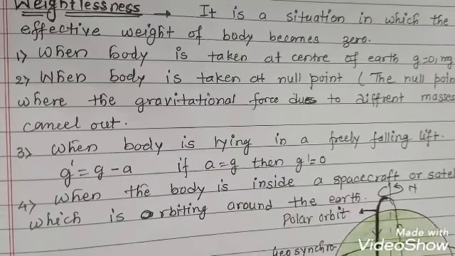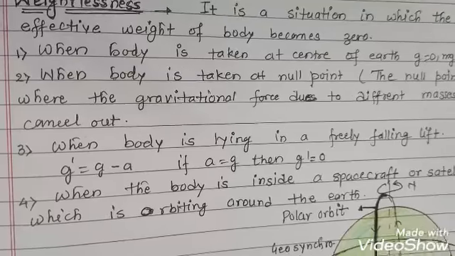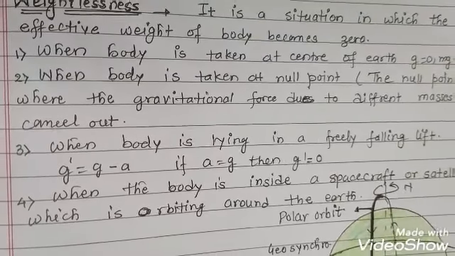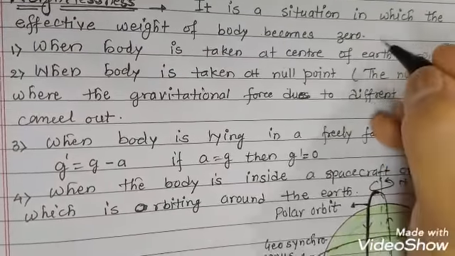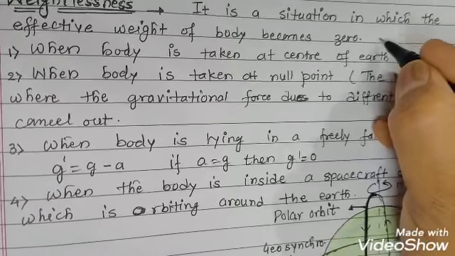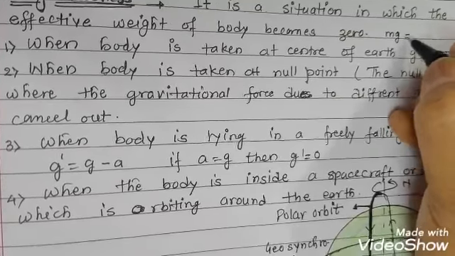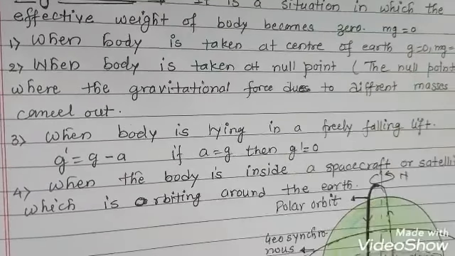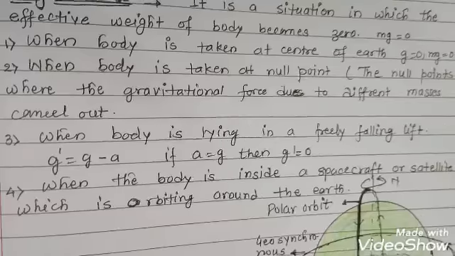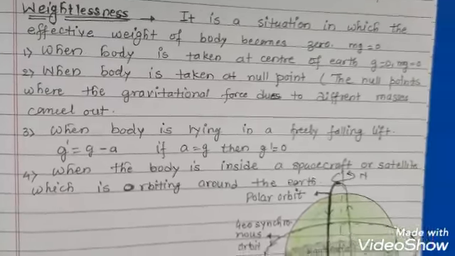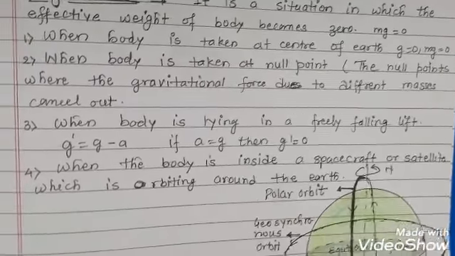Now we'll see weightlessness. It is a situation in which the effective weight of a body becomes zero. The effective weight of a body, that is mg, becomes zero. This will arise when the body is taken to the center of earth.